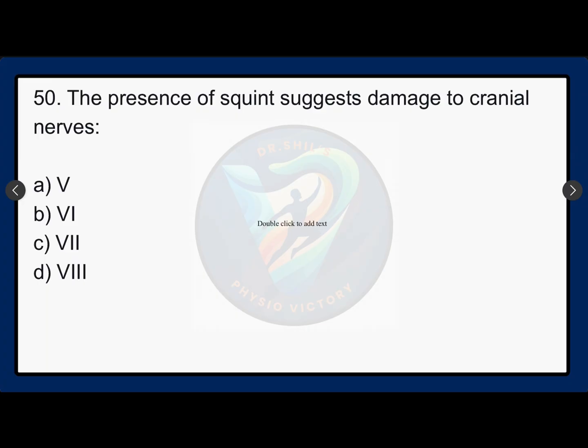Next come to question number 50. The presence of squint suggests damage to option A cranial nerve 5, option B cranial nerve 6, option C cranial nerve 7, and option D cranial nerve 8. Here the correct answer is option B cranial nerve 6, which controls the lateral rectus muscle of the eye.